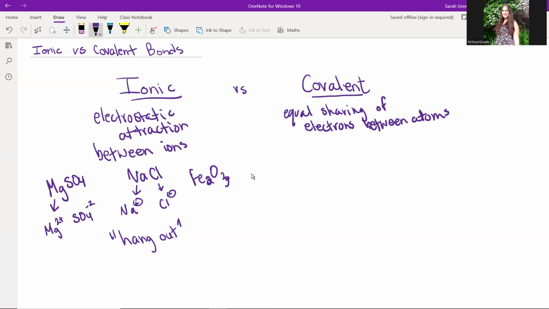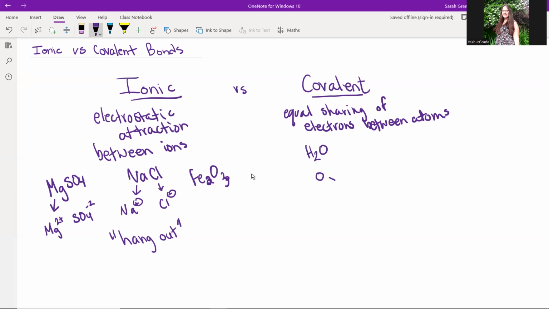For covalent bonds, as we suggested, it's an equal sharing of electrons between atoms. And the most common covalent compound or molecule that you will experience, it makes up 70% of the human body, and that is water, H2O.